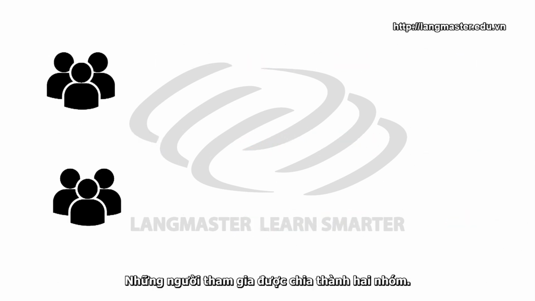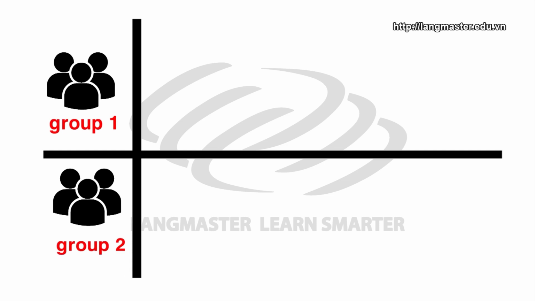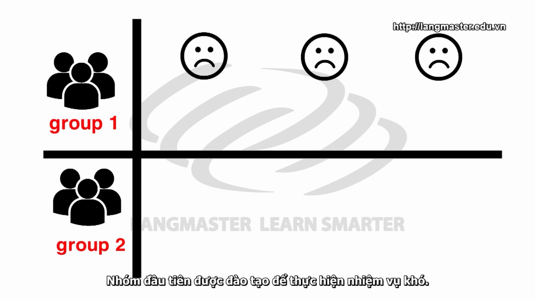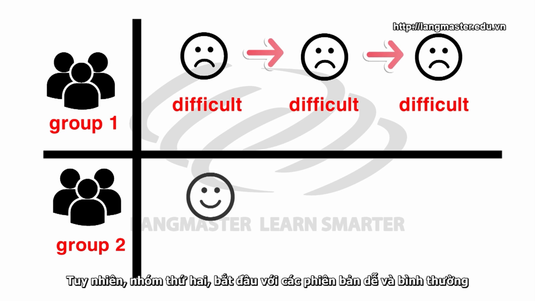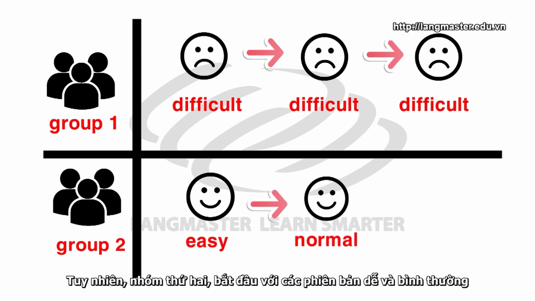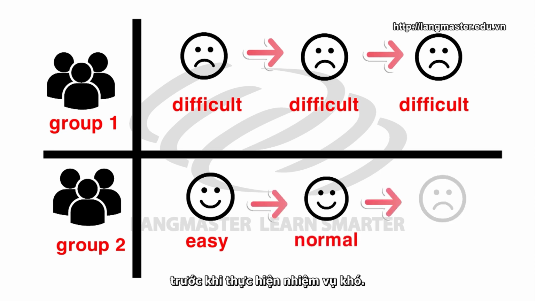The participants were divided into 2 groups. The first group was trained to perform only the difficult version of that task. The second group, however, started with the easy and normal versions first before performing the difficult version.